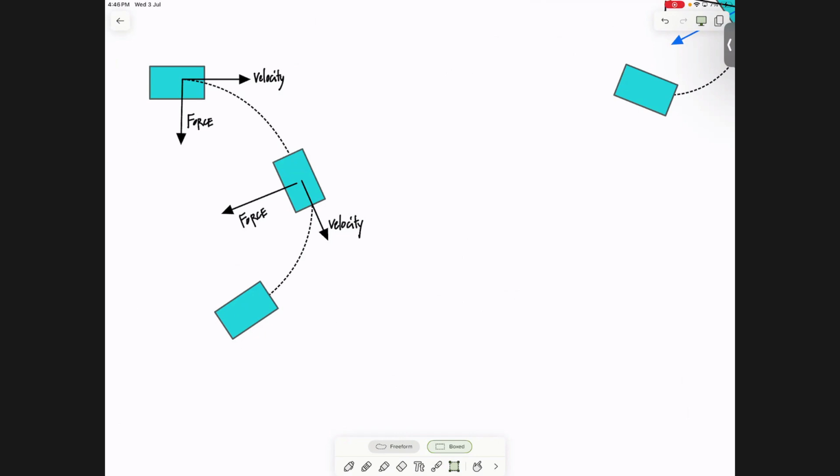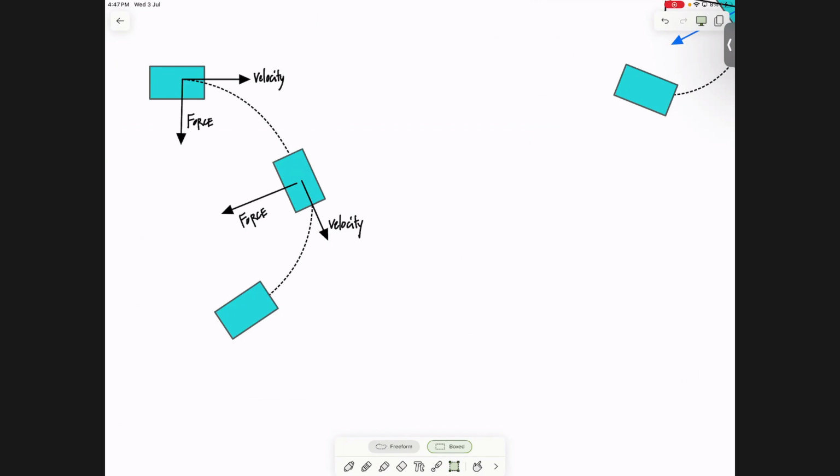Any moment you stop, what would the object do? Continue in a straight line, because you have to bring it back in. Do you understand what I'm trying to say? The object goes like this, I apply force, it goes like that. Force again, it goes like that. Force again, it goes like that. But this shape looks more like a hexagon. Octagon, hexagon: straight, push, straight, push, straight.